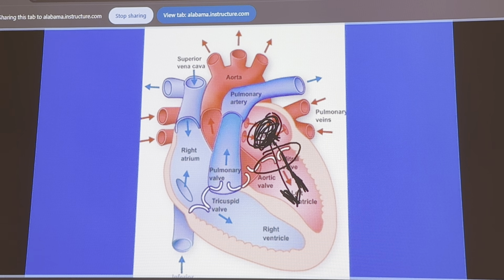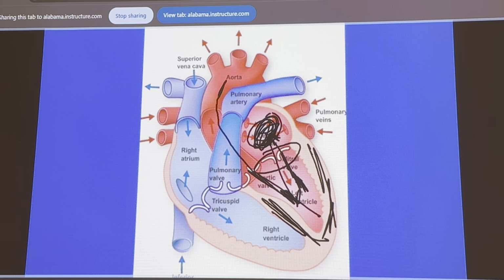So now my left ventricle is also having to deal with this excess volume because it didn't pump all the blood from previous cycles. So it has to pump it out into this aorta and out to the body. So now my left ventricle is having to work extra hard to compensate for that extra volume. So we're going to get some left atrial dilation.